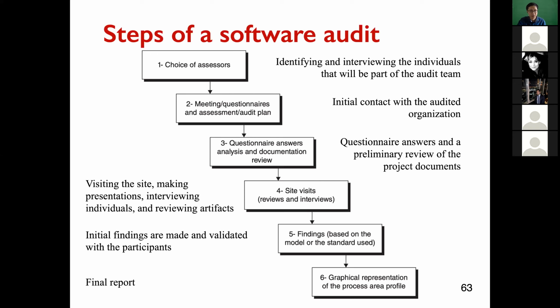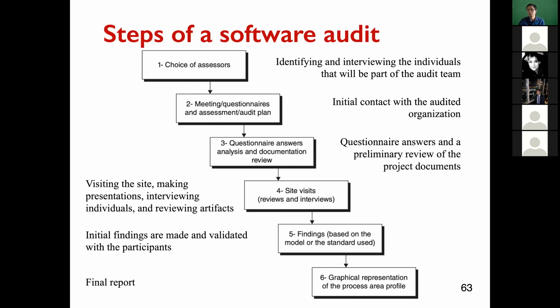The third step is an analysis of the questionnaire answers, and they also review the documents of our organization to have a deeper understanding of the process followed by the organization.